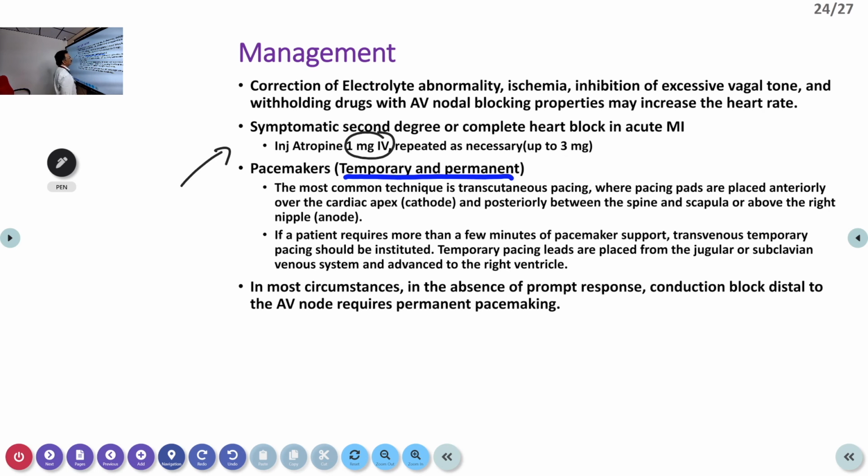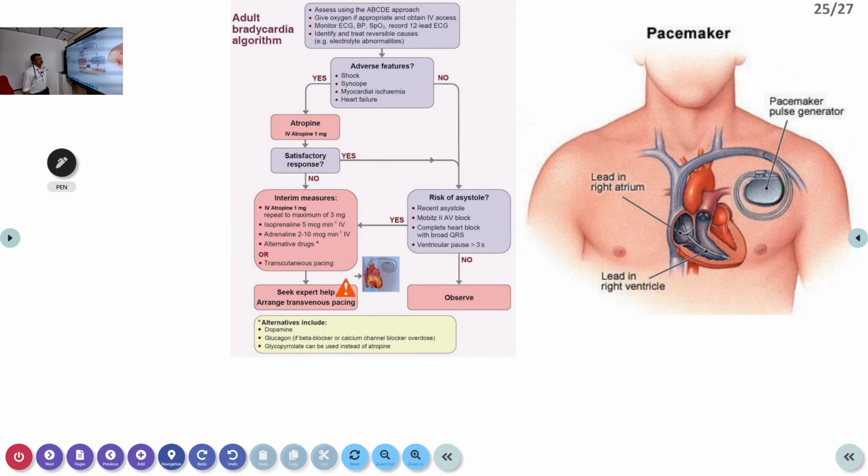Pacing is the most important treatment for complete heart block. So you can see here, any patient who is having severe bradycardia, it can be complete heart block or any type of bradycardia, you can try atropine. Okay, but the problem is complete heart block or second degree heart block, atropine will never work.